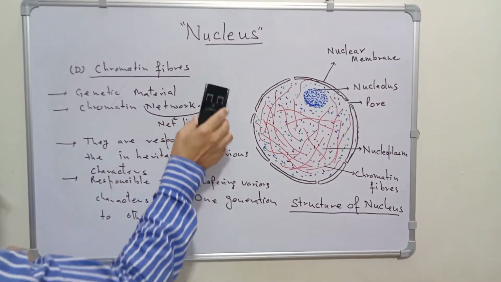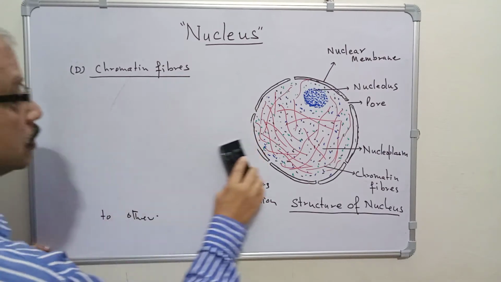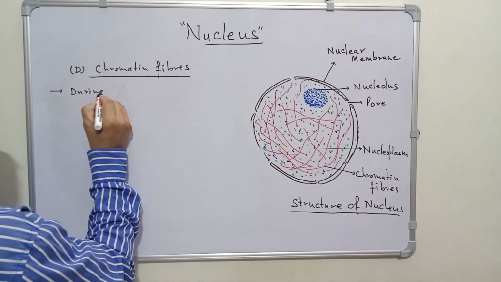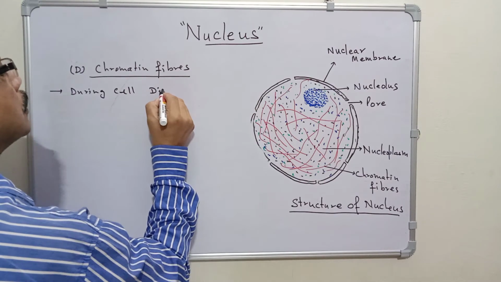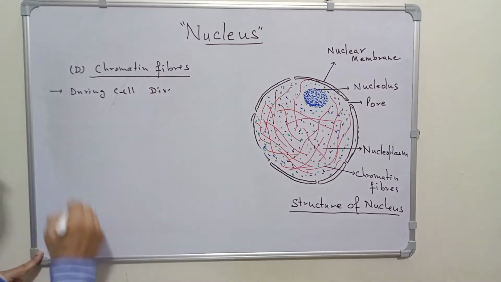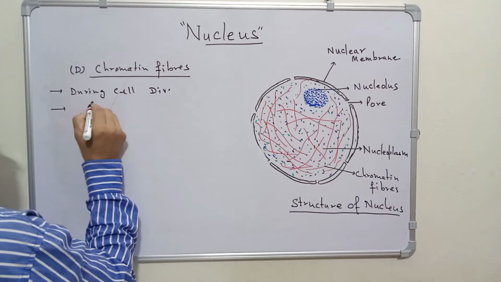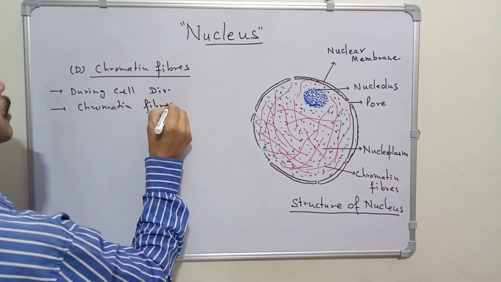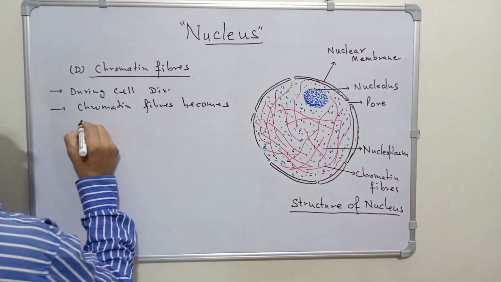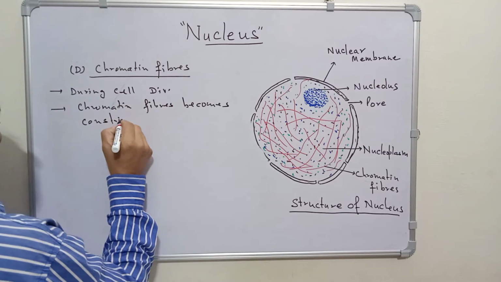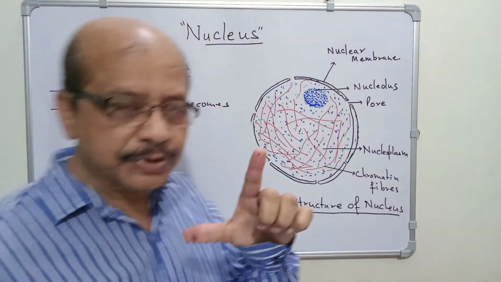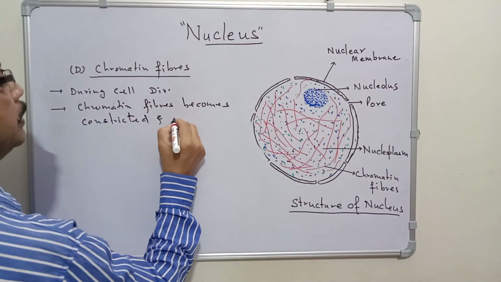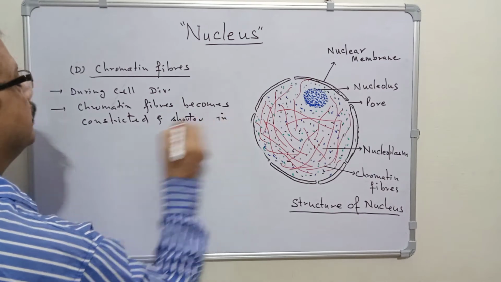Now, next character. During cell division, these chromatin fibers become constricted, become shorter in size.